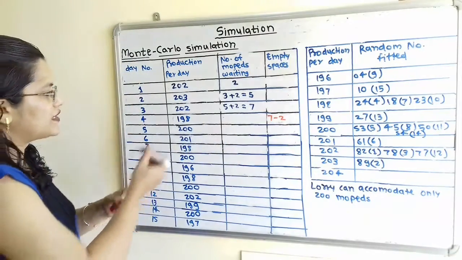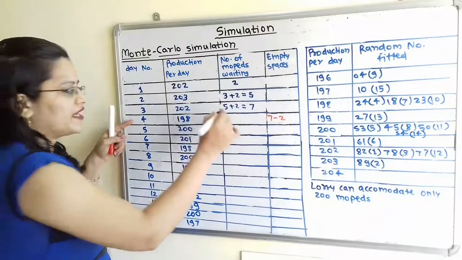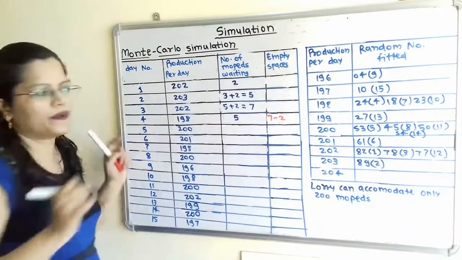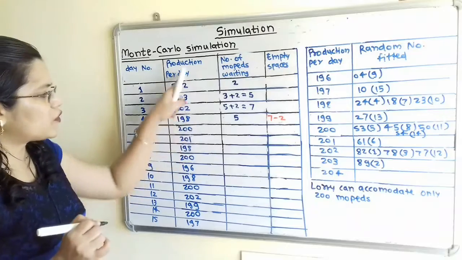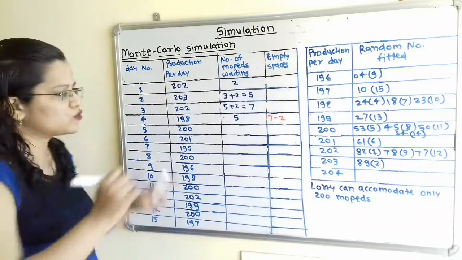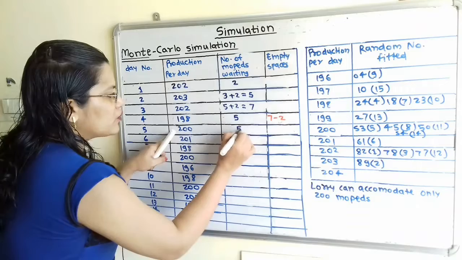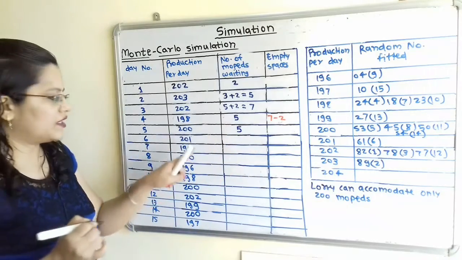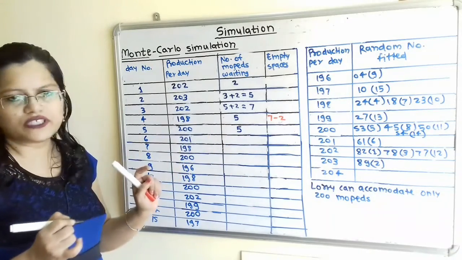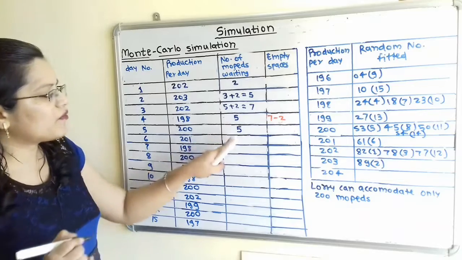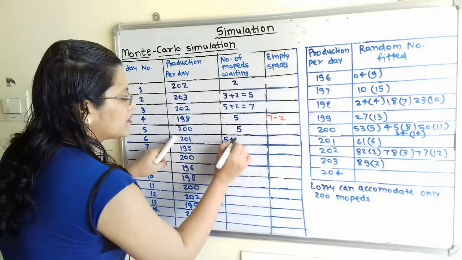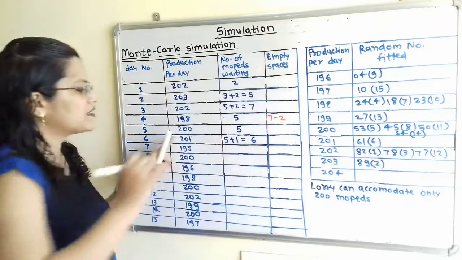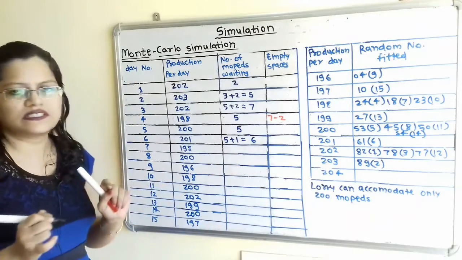So I have to write here, on the fourth day, 5 mopeds waiting. Then for the fifth day, production per day is 200 and capacity is 200. So I have to continue with 5 mopeds waiting. Then here production is 201. So here 1 moped waiting plus the previous 5, that is 5 plus 1, equal to 6 mopeds waiting for the 6th day.